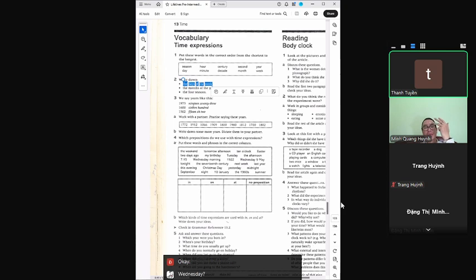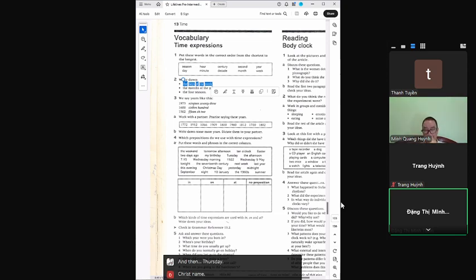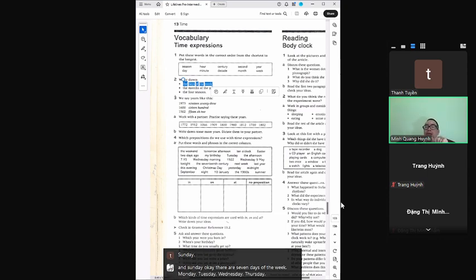You don't say Wednesdays, we say Wednesday. Then Thursday, Friday, Saturday, Sunday. There are 7 days of the week: Monday, Tuesday, Wednesday, Thursday, Friday, Saturday, and Sunday.